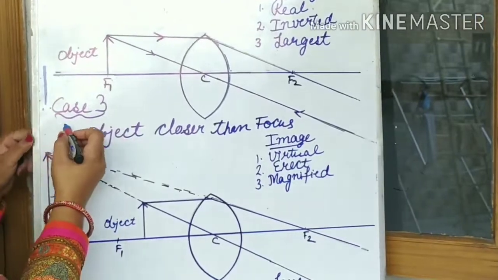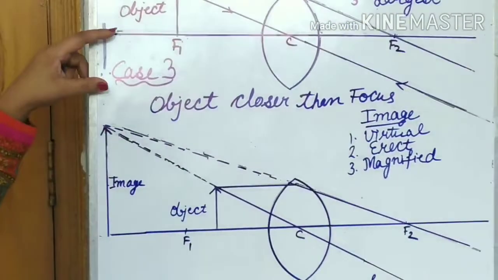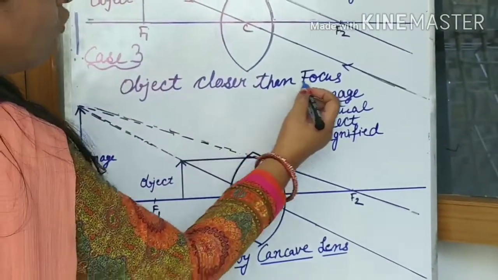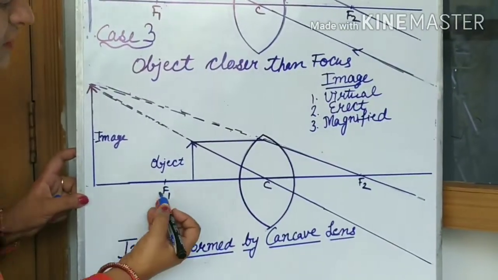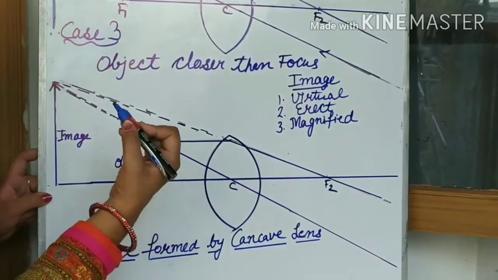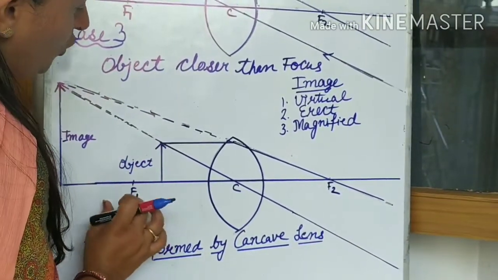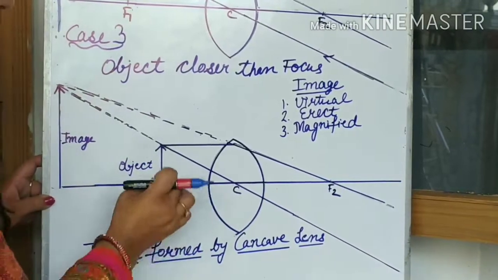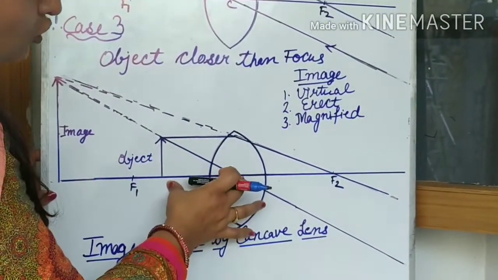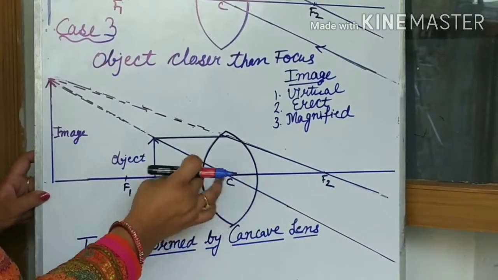Let's take case 3. In case 3 I have taken the object which is closer than focus. Now this is the focus, and here the object is placed. Here the object is closer than focus, meaning the object has come before the focus. It is close to the optic center.